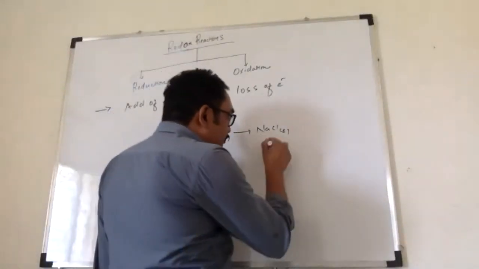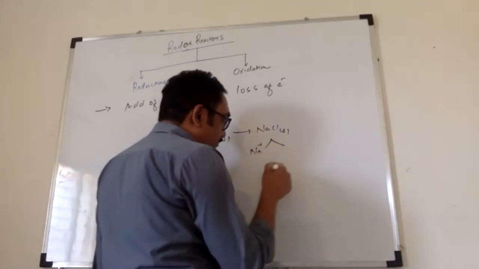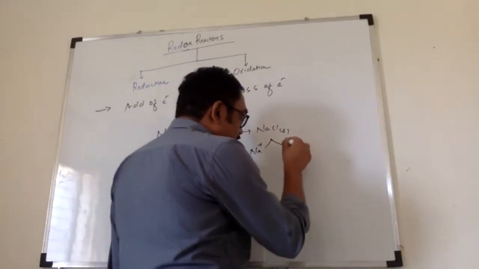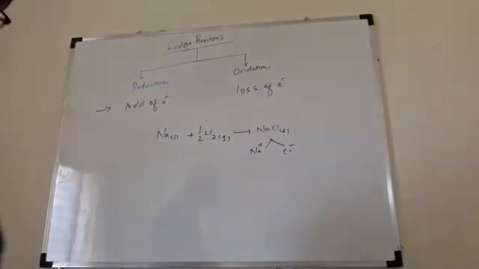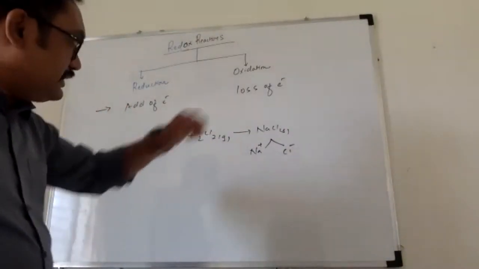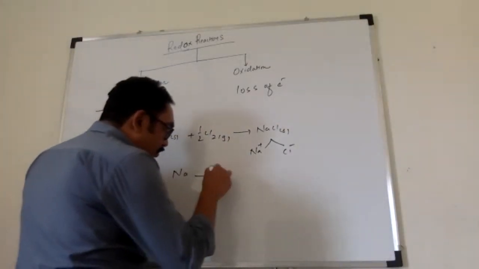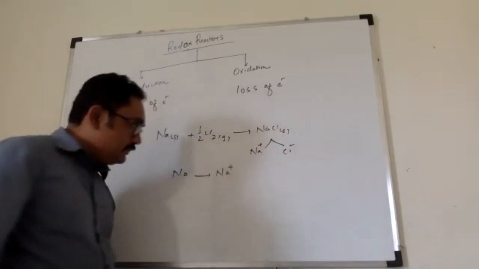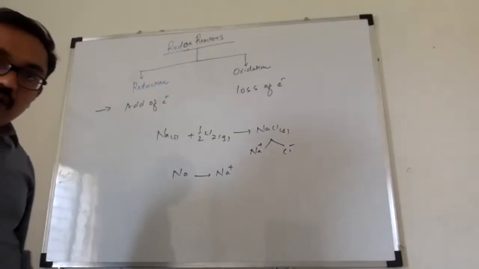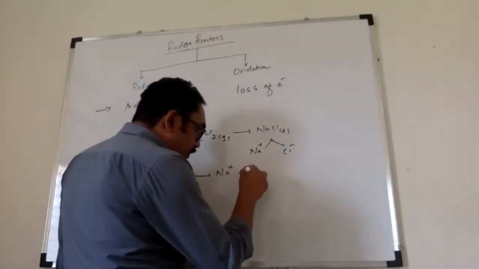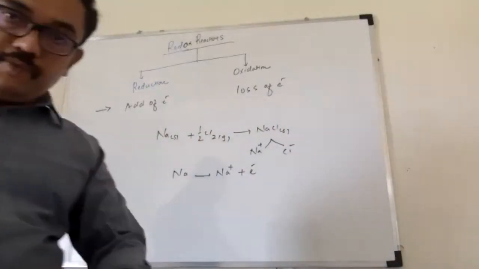So if you identify ions in NaCl, there is Na plus and there is Cl minus. So what has happened during the reaction? Sodium has changed to Na plus, and for that there will be a loss of electron from sodium.